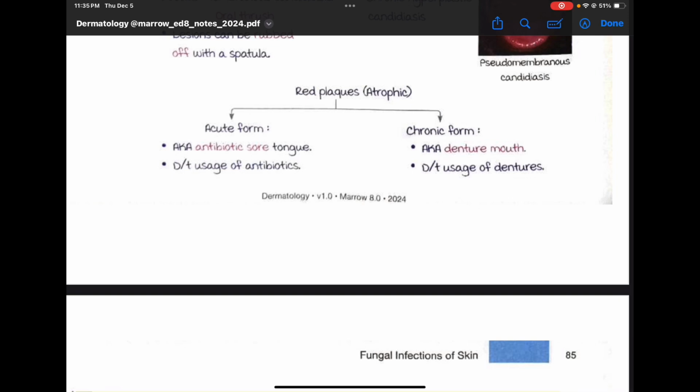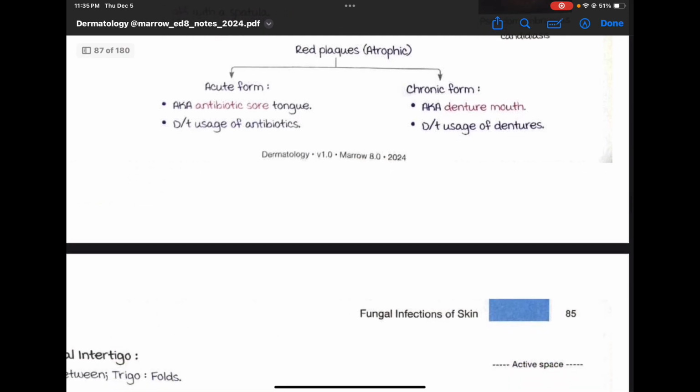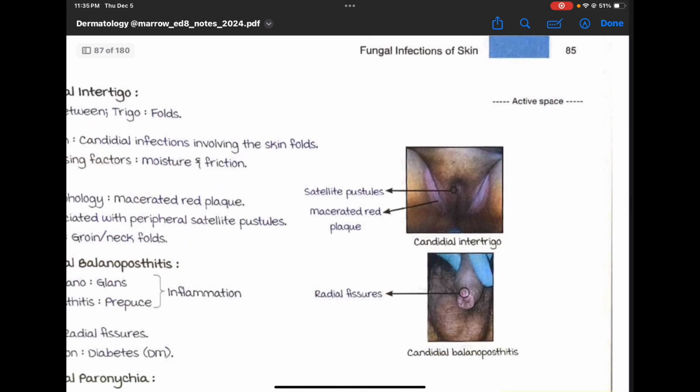Whenever you give antibiotics to patients, then some of them develop these painful red sores, and they will even tell you that this is because of the antibiotic. So it's that antibiotic sore tongue. Chronic form, also known as denture mouth, due to use of dentures.